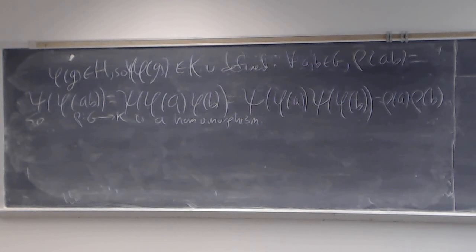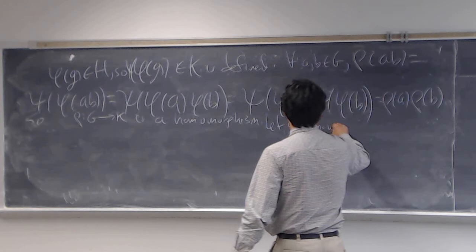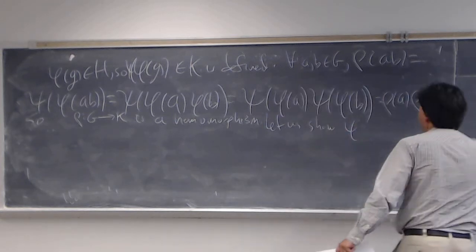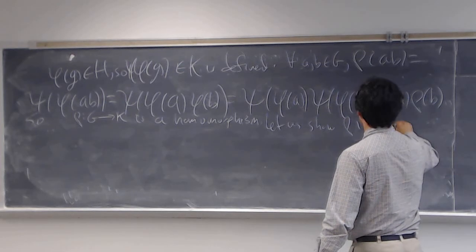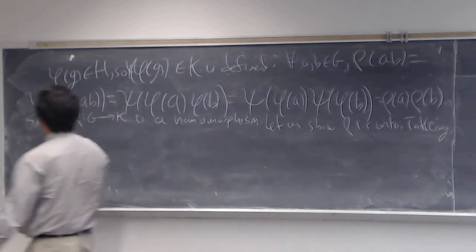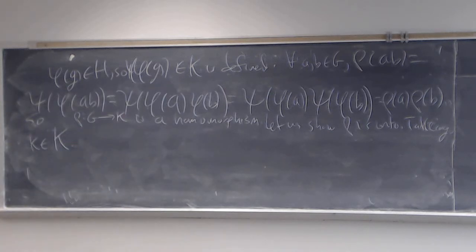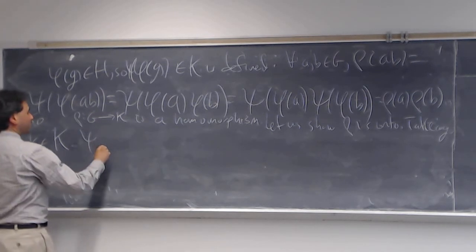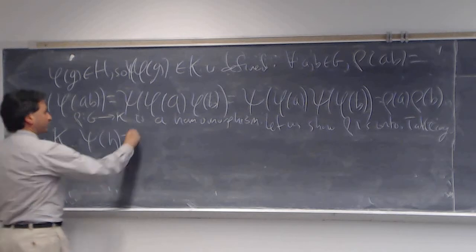So let's now show that it's onto. We have to take any little k in K. Well, what do we know? We know psi is onto. So since psi is onto, there's an h in H with psi of h equal to k.